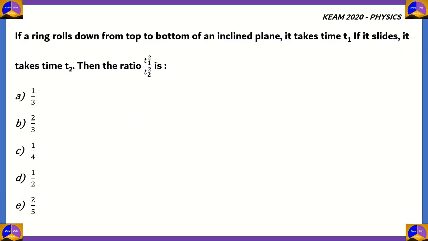Now let's look at another question. If a ring rolls down from top to bottom on an inclined plane, it takes time t1 if it slides, and it takes time t2 to roll. Then the ratio t1 square by t2 square is.